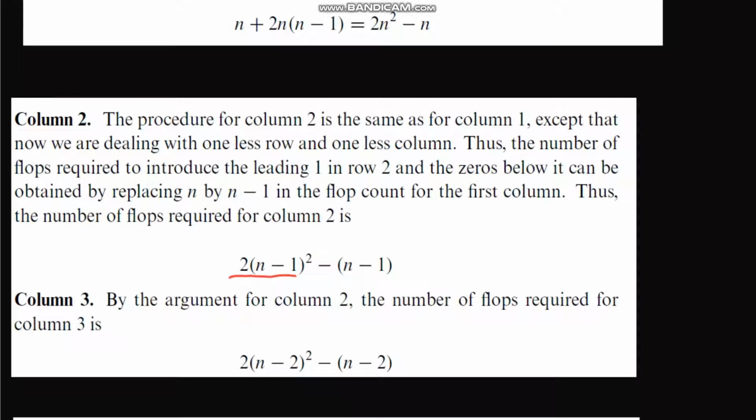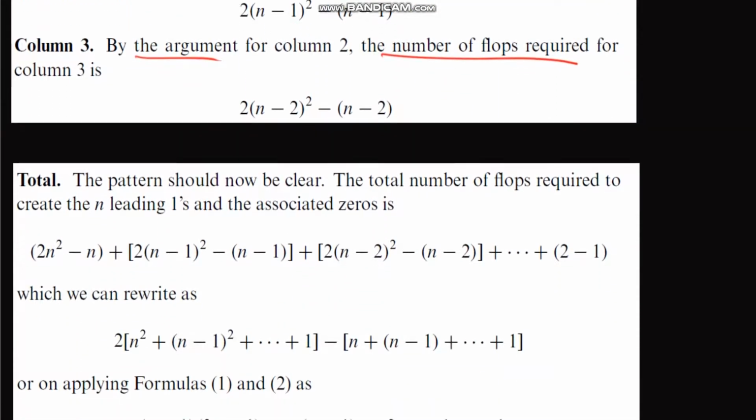Similarly, by the same argument for column 2, the number of flops required for column 3 are how many? We have to just plug in 2 less, so it would be what? 2 times n minus 2 whole square minus n minus 2, right?